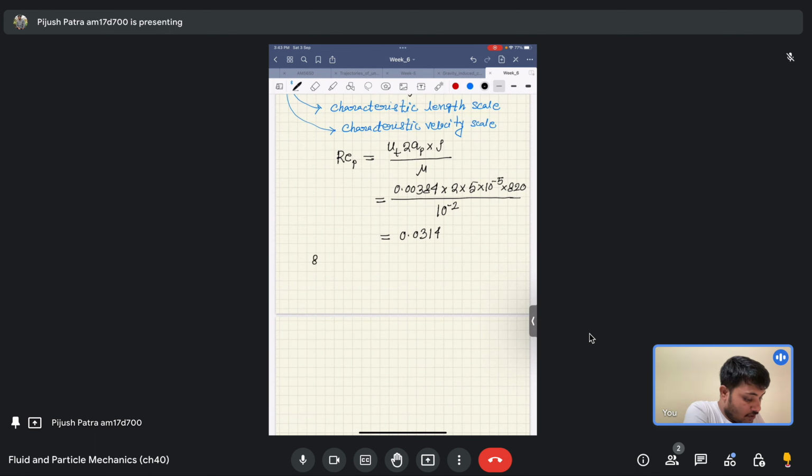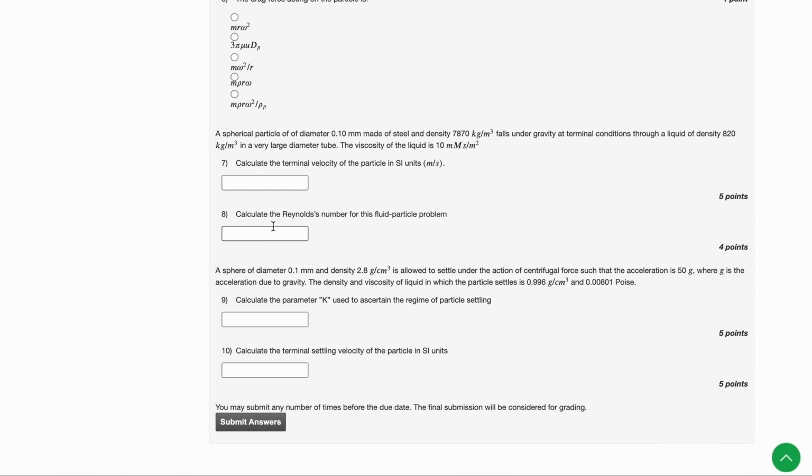So the question number 8, if I go to the question, calculate the Reynolds number of this problem. So this is 0.0314. Okay, so this is as far as the important assignment questions is concerned.